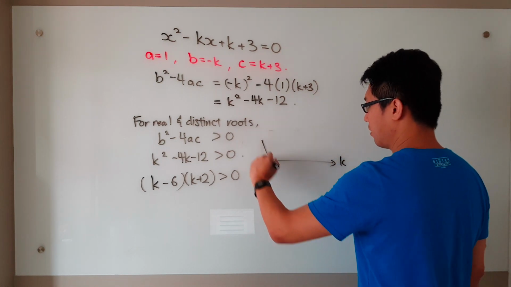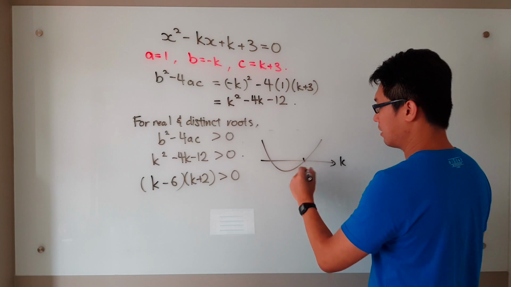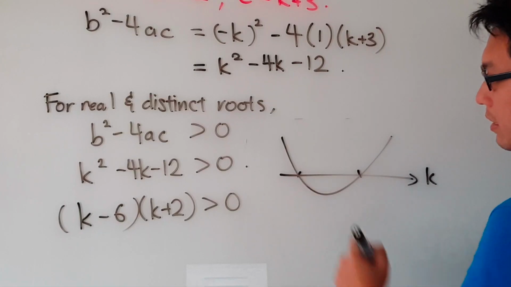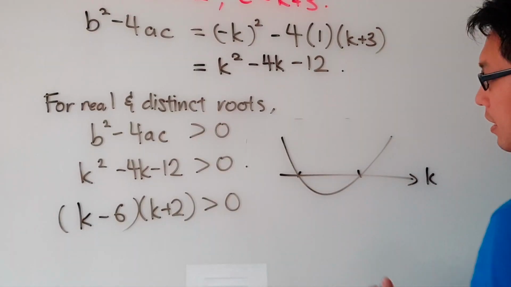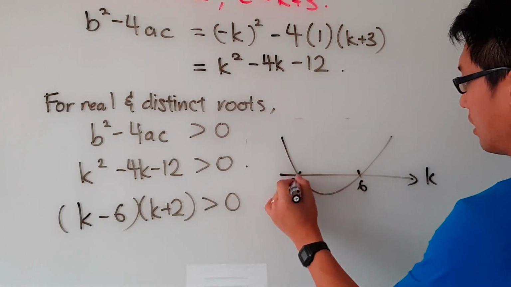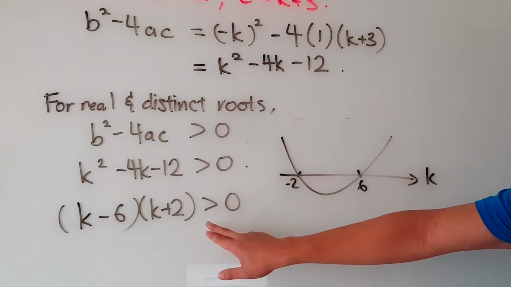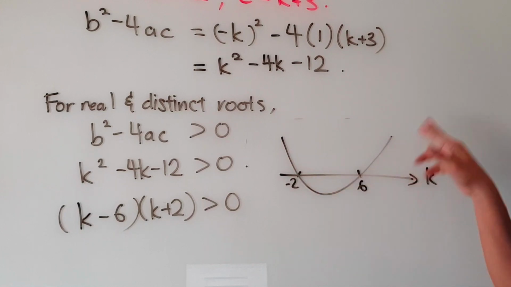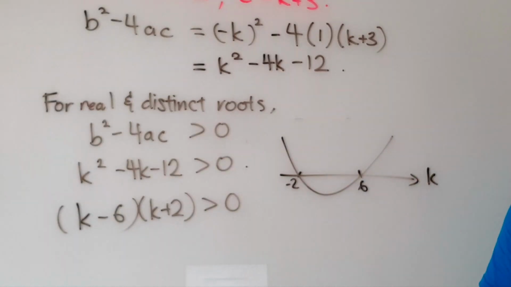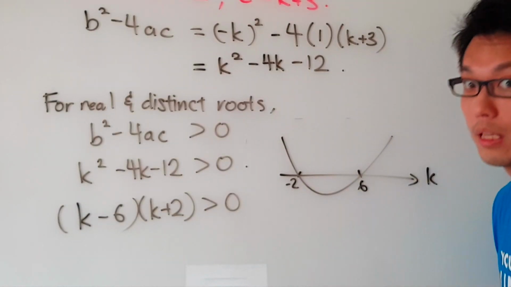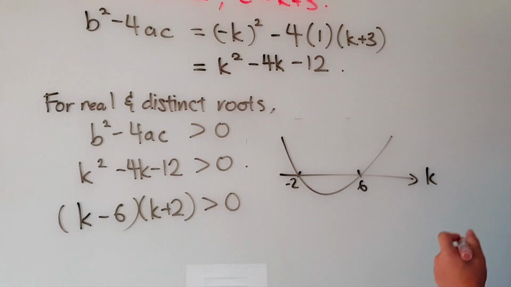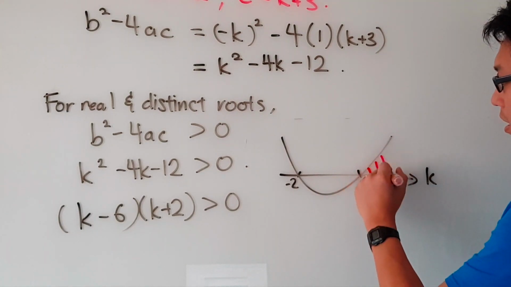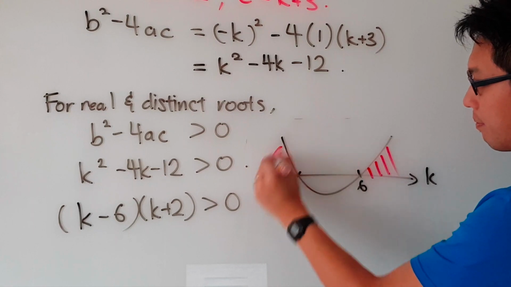So we will have this, and the k-intercepts in this case would be 6 and negative 2. Now we are interested in the range whereby this expression is greater than 0. So we are interested in this area and this area.